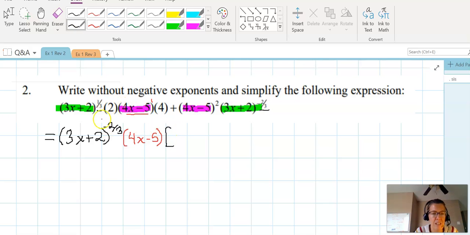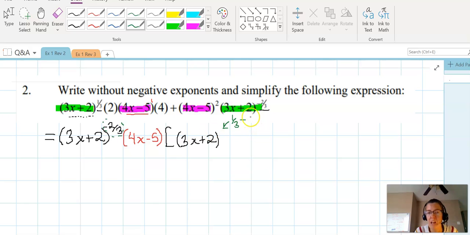So let's see. Working my way across here, I have 3x plus 2 to the positive 1/3 power. If I compare that with what was factored out, the negative 2/3 power, the fact that those are different means there's some power of 3x plus 2 left over. The way we determine the remaining exponent is we take the original exponent, 1/3, and subtract the power that was factored out, negative 2/3.